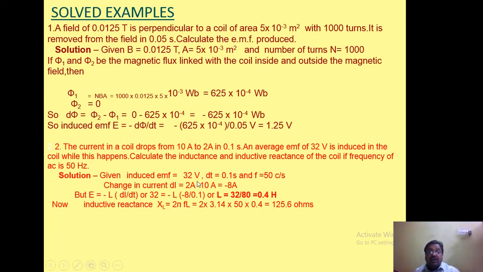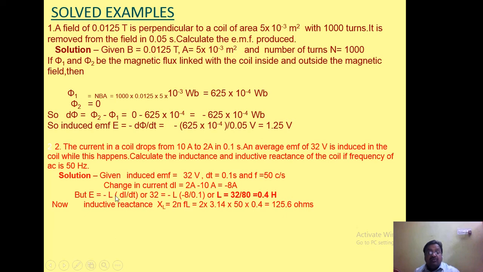So given induced EMF is 32 volt, time is 0.1 second and frequency is 50 cycle per second or 50 Hertz you may say. A change in current dI should be final current 2 ampere minus initial current 10 ampere, that is minus 8 ampere. Now as per our previous discussions in the electromagnetic induction chapter, induced EMF E equal to minus L dI by dt.